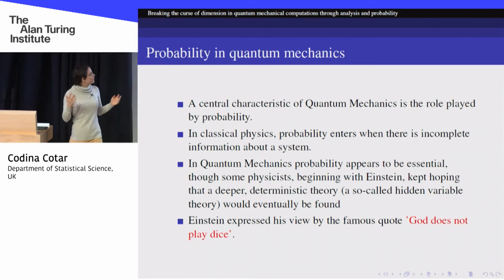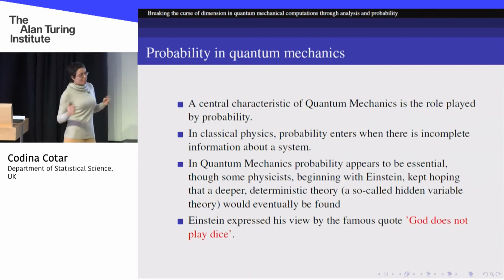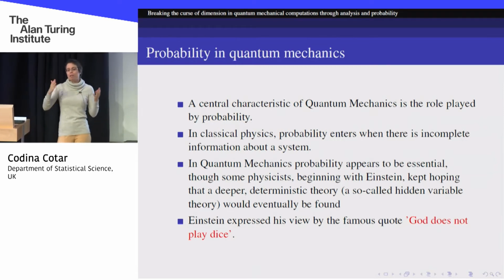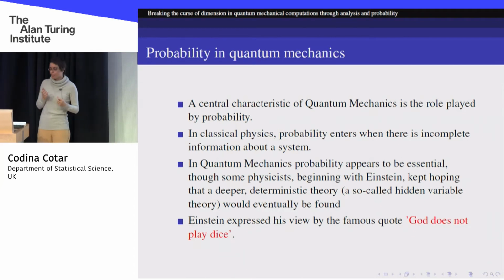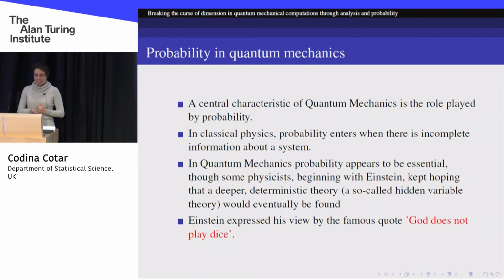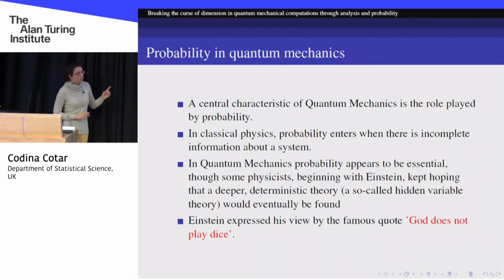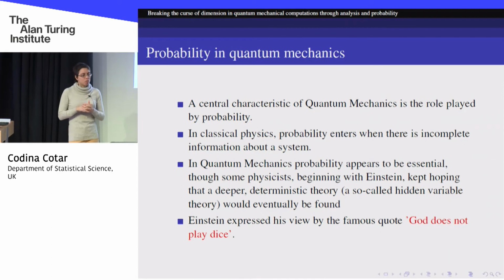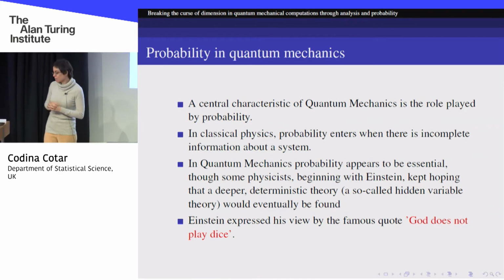To begin with, some physicists were not quite happy about this, including Einstein, and they kept hoping that eventually a deterministic theory would be found. Einstein even expressed his view by saying God does not play dice. However, probability theory plays a very important role in quantum mechanics.